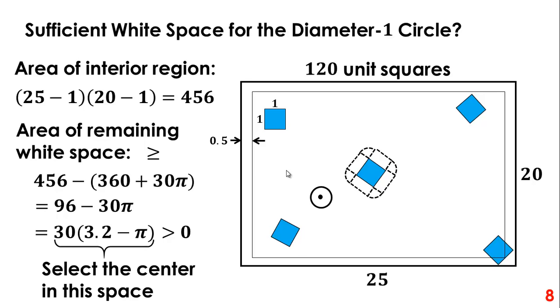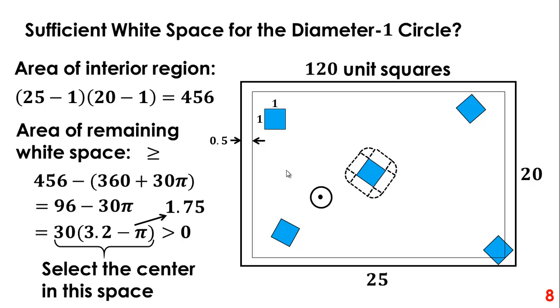So that means we can select the center of that diameter 1 circle in this small amount of space. We have room for it. By simple calculation, that number is approximately 1.75. So we have plenty of space to choose.